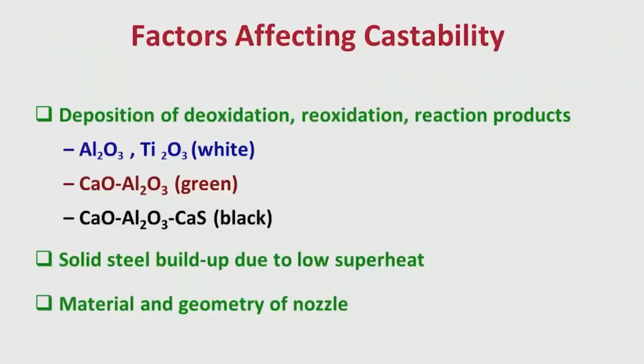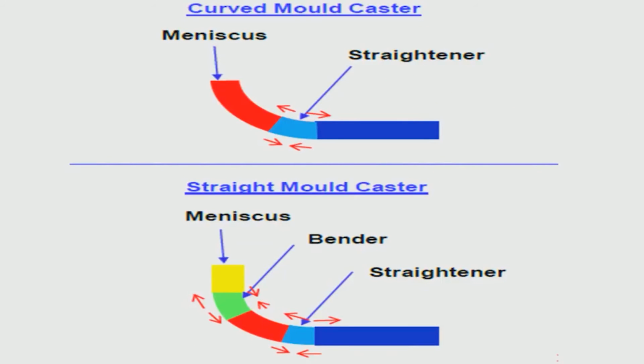Now, I have talked about another important thing, that not only those portions will be bad, but even in the thickness of the slab, bloom or billet, the surface near the inner radius will be bad. If you have a straight mold, the distribution at the inner radius and outer radius is more or less similar. But if you have a curved mold, near the inner radius you have relatively more inclusions compared to the outer radius.